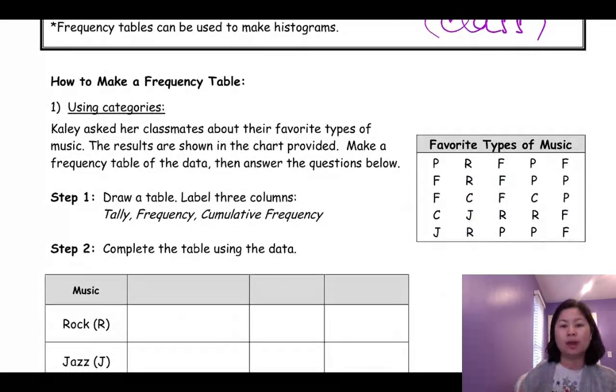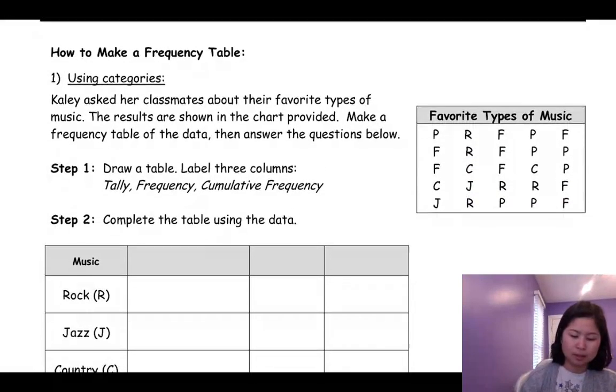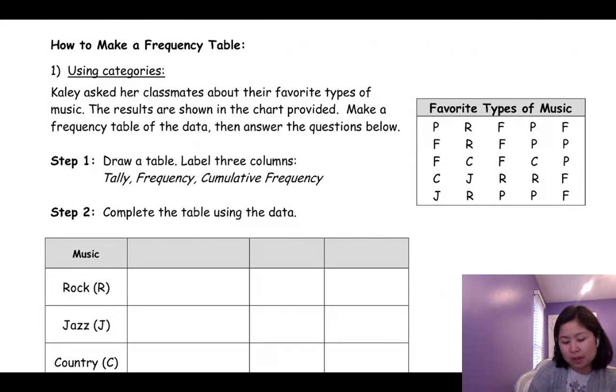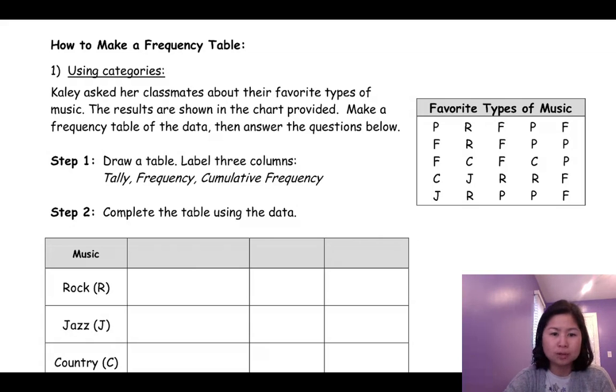We're going to review that a little bit. I'm going to change something because we usually look at numbers, but in this case it's not just numbers. We're going to use letters to create the frequency table. It's going to work out the same.